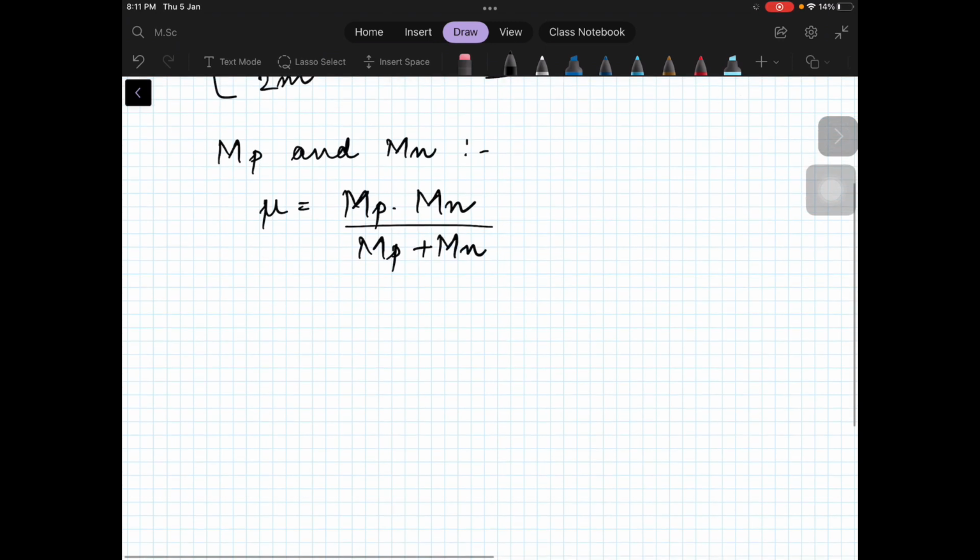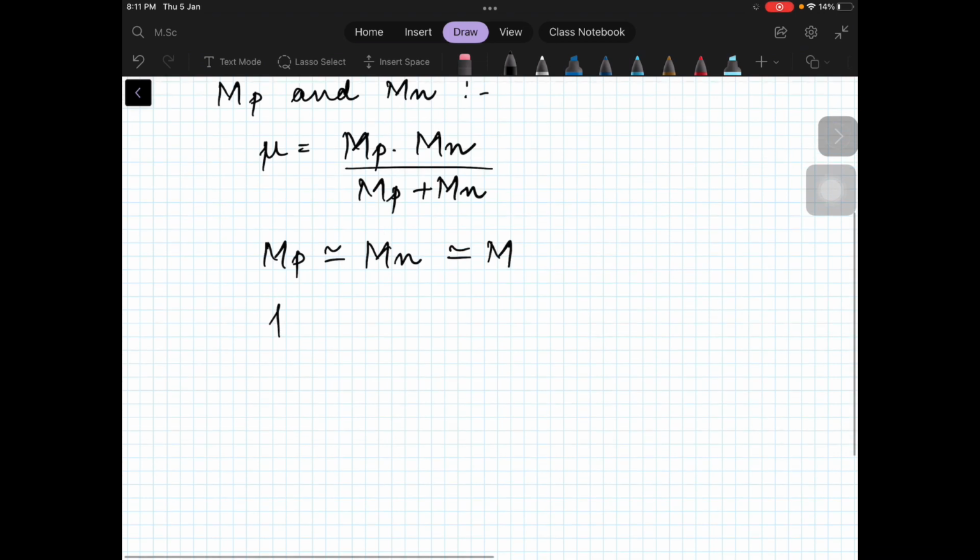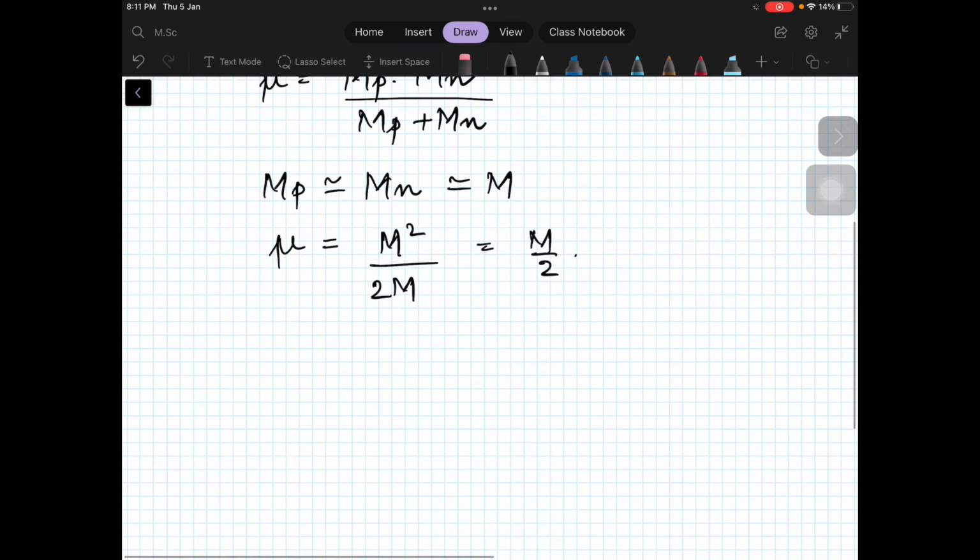Since we know that the masses of the proton and the neutron are comparable, differing from each other very slightly, we can assume m_p to be approximately equal to m_n, and let us call it m. So mu becomes m squared over 2m, that is m by 2. We'll be using this value later on.